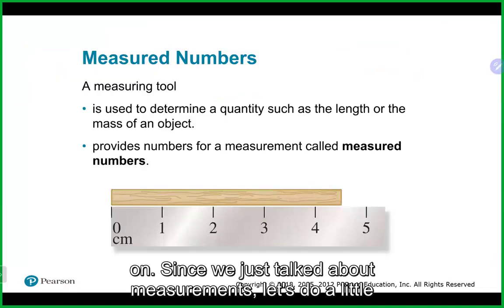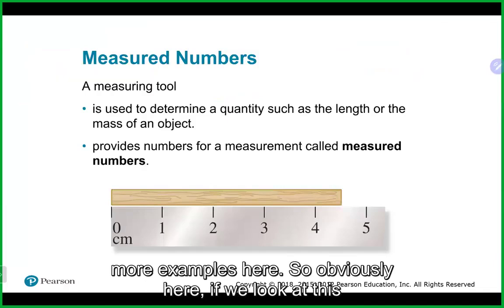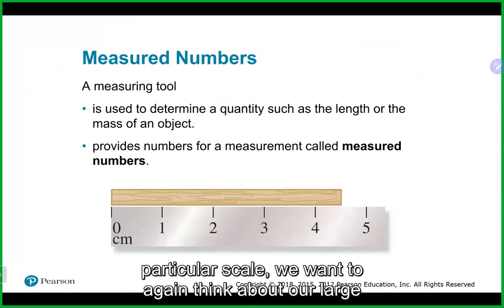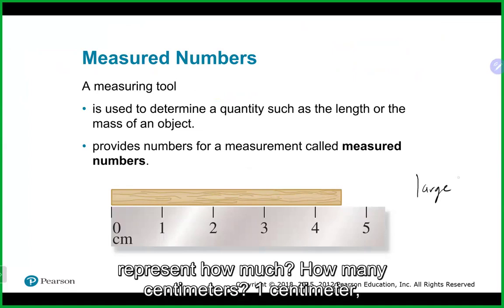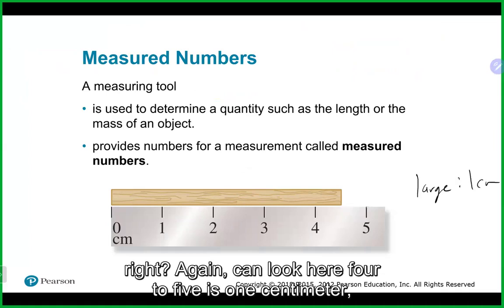Since we just talked about measurements, let's do a little more examples here. If we look at this particular scale, we want to think about our large markings. In this case, my large markings represent how many centimeters? 1 centimeter. You can look here, 4 to 5 is 1 centimeter.